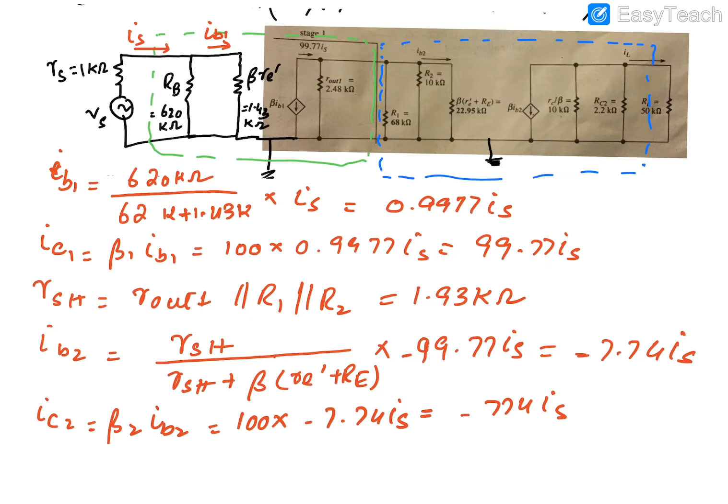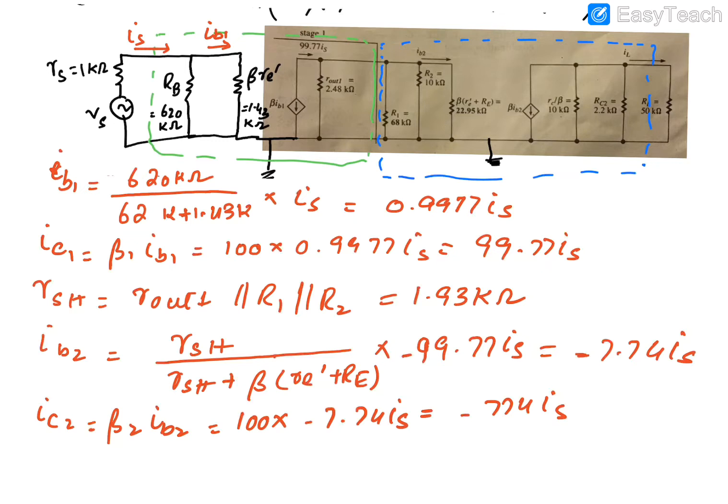So using the same rule and multiplying this total current, we have used the negative direction because this IC is in opposite direction with IB1. So here we have used the minus sign. Using the current division rule, the value of current in this branch IB2 will be equal to minus 7.74 IS.